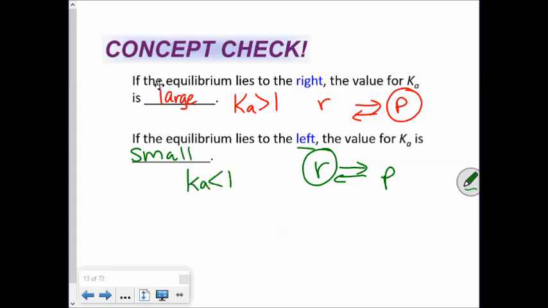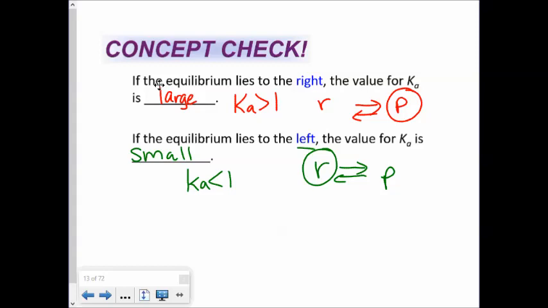Less than 1. So we're still going to compare equilibrium positions to 1. The only time you compare the Ks to the Qs is when you have initial concentrations and you need to figure out which way it's going to proceed in order to establish equilibrium. So that's when we use the Q.